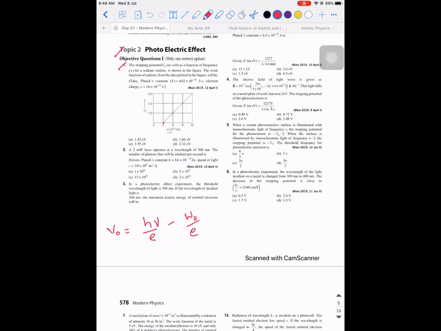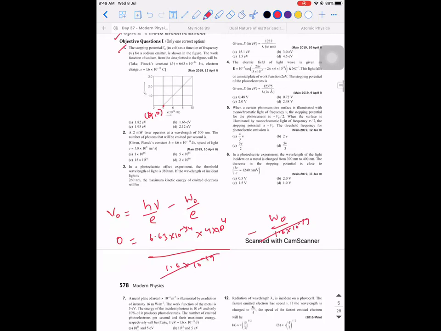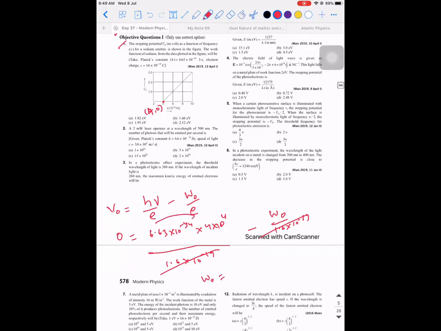What are the coordinates of this point? 4 into 10 power 14, comma 0. So 0 is equal to h by e into 4 into 10 power 14 minus W naught by e. H is 6.63 into 10 power minus 34, nu is 4 into 10 power 14, divided by 1.6 into 10 power minus 19, minus W naught divided by 1.6 into 10 power minus 19. This will get cancelled. So W naught will be equal to multiplying these two. That will be the answer.